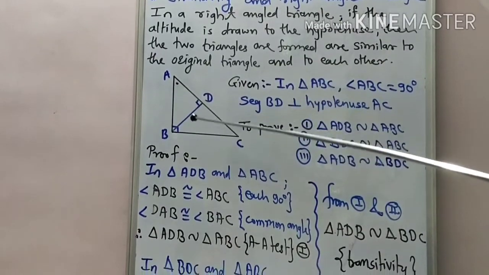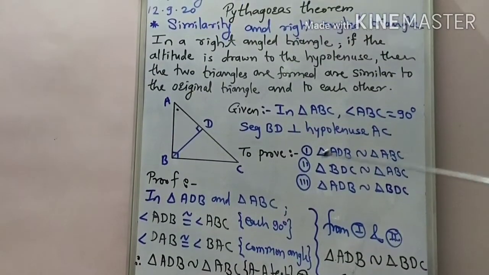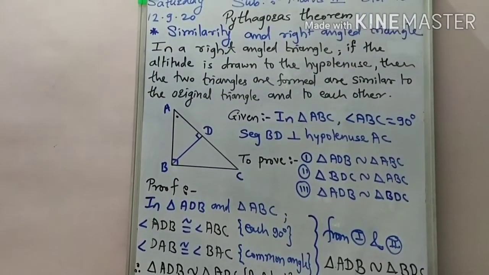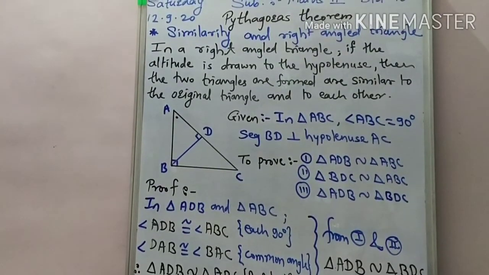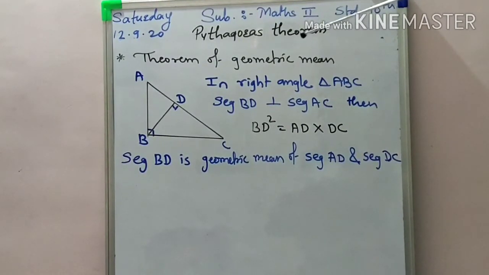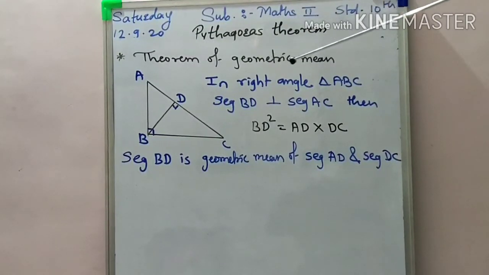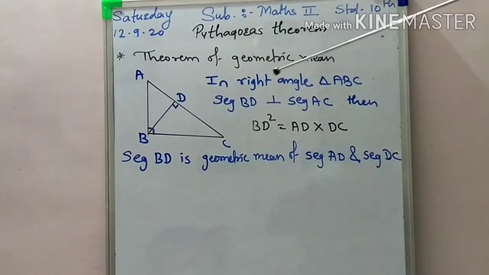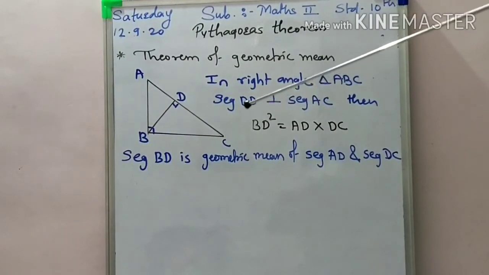Okay, and using this we now prove the Pythagoras theorem. So pay attention over here, students. Before we start the proof of the Pythagoras theorem, we have one more property, the theorem of geometric mean, that we learn first.